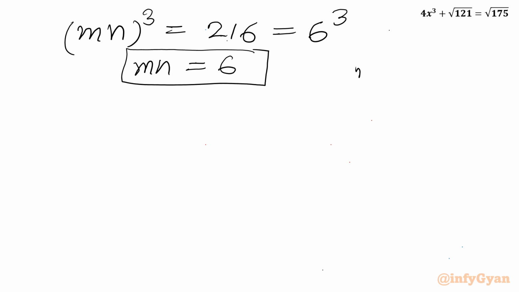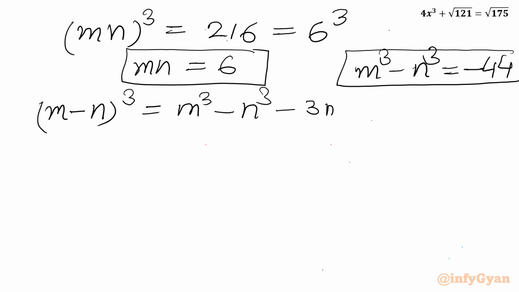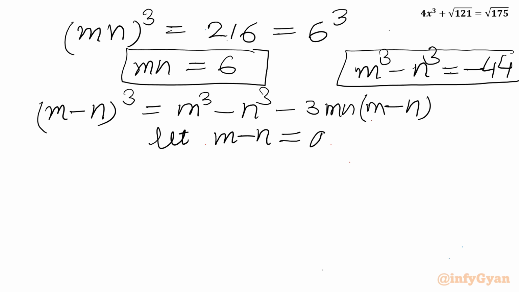Now our first equation was m cube minus n cube equal to negative 44. Now I will use one algebraic identity, m minus n whole cube equal to m cube minus n cube minus 3mn times m minus n. And now I will consider m minus n equal to a, suppose.